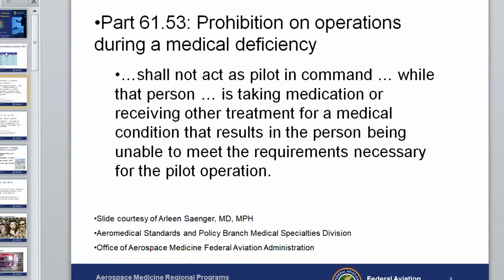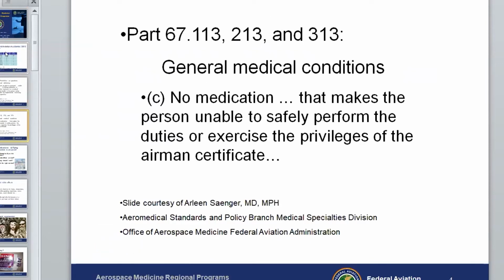And this says that is taking medication or receiving treatment for a medical condition that results in a person being unable to meet the requirements necessary for the pilot operation, or an unsafe operation of an airplane. No medication that makes a person unable to safely perform the duties or exercise the privileges of the airman certificate. Well, we know that.